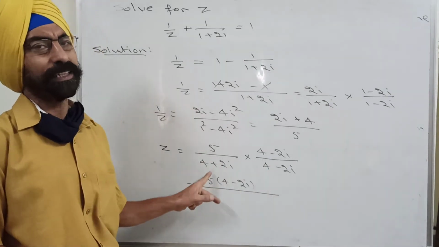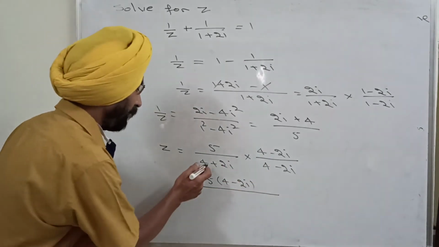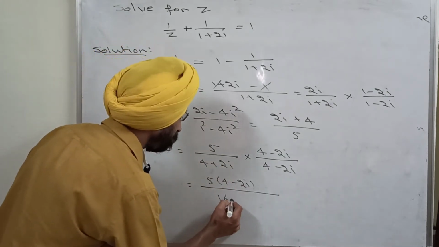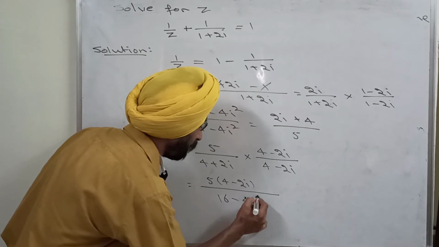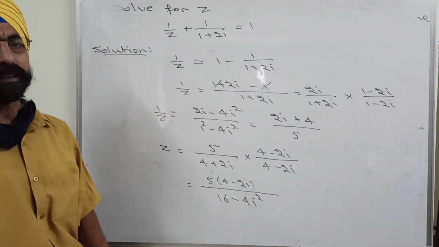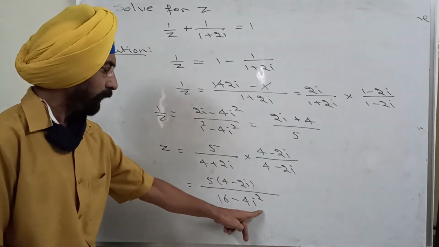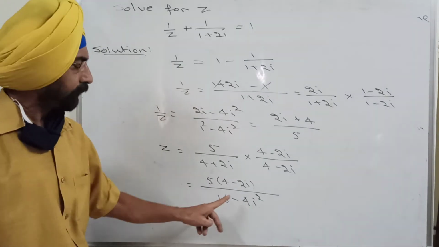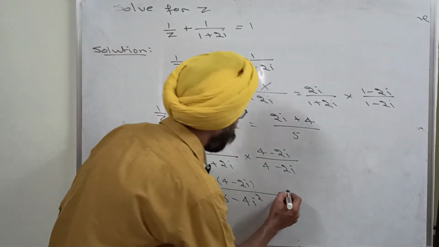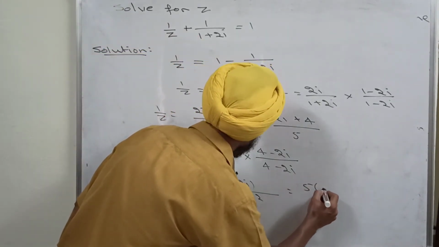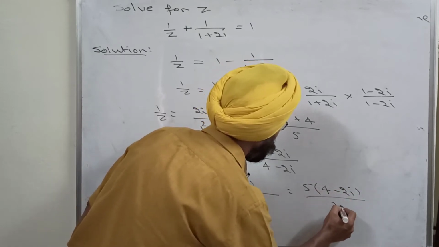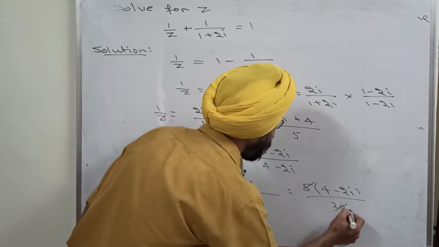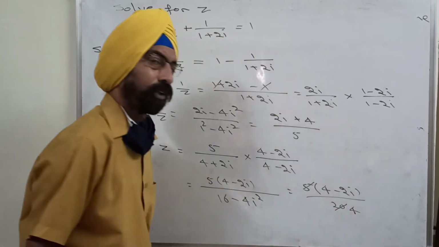So once again it is a square plus b square, and a square is 4 square is 16, plus b square is 2 iota square, so it is 4 iota square. But iota square is once again minus 1, so minus 1 into minus 4 will become 4, 16 plus 4 will become 20. So you will have 5 into 4 minus 2 iota divided by 20. This 20 will be cancelled by 5 to give you 4.